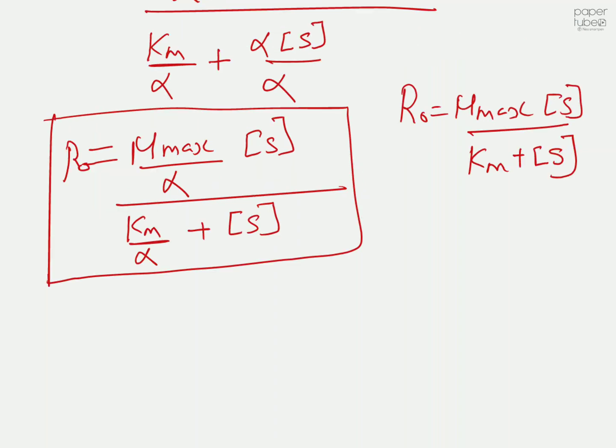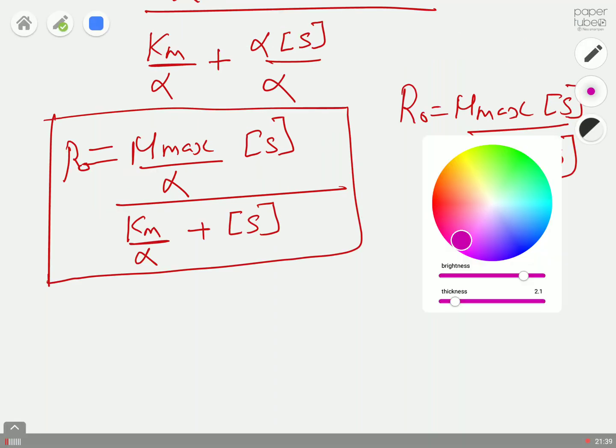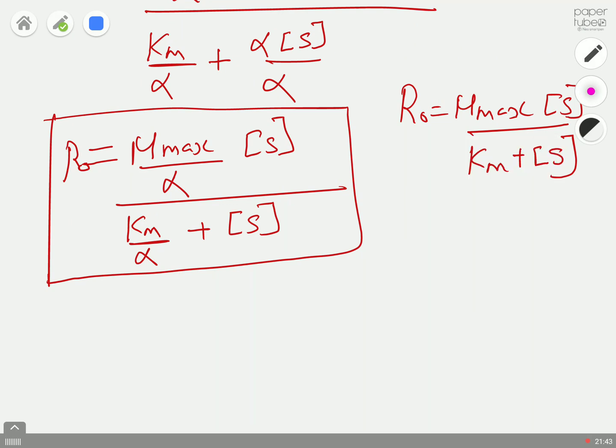Just follow the pink color ink. If you look at here, mu max by alpha, and if you compare, you have mu max. So when you have an uncompetitive inhibitor, your mu max value will decrease by some amount, and that will be equal to mu max divided by alpha.